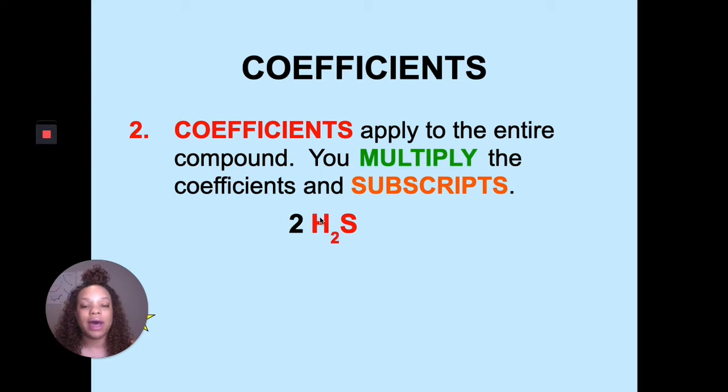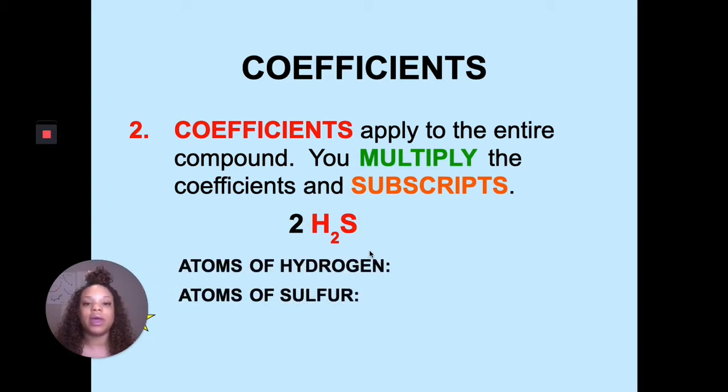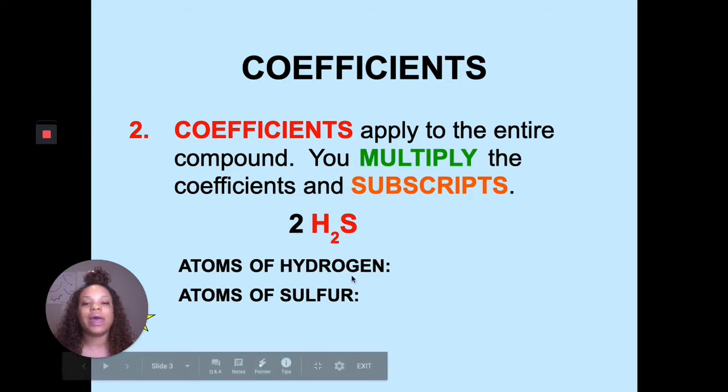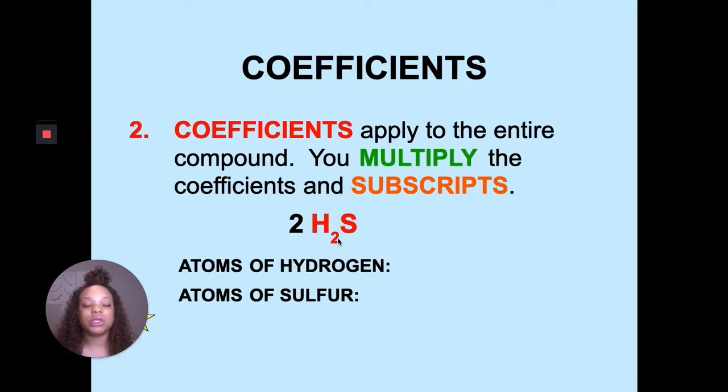Now we're done with hydrogen. We're going to move over to sulfur. Sulfur, we found out only had 1 because there's no number here and ones are invisible. We're going to multiply 1 times 2. So 1 times 2 means now we have 2 sulfurs. So if you look at it again, we have hydrogen, we have sulfur. We took that 2, we multiplied it times 2, that gave us 4 hydrogen.